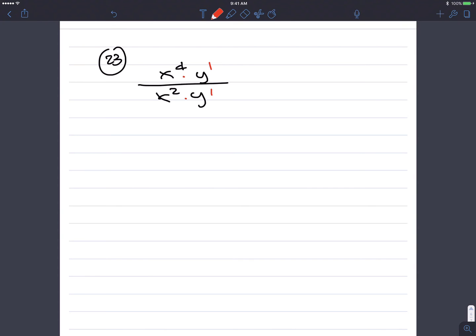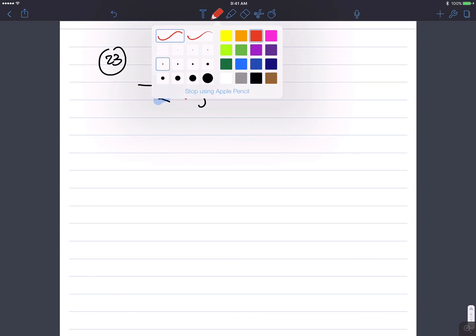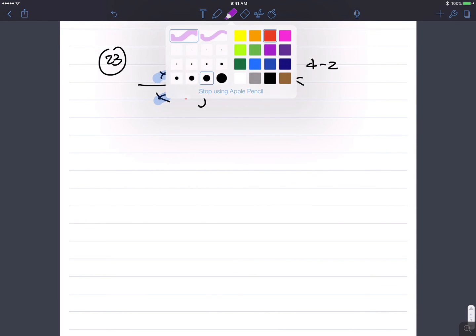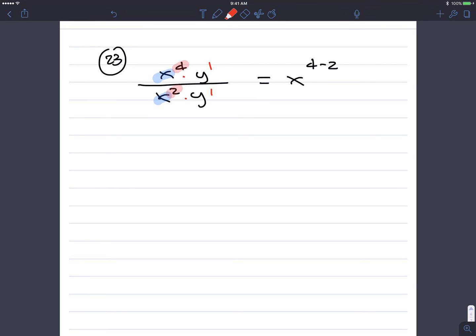So we're going to use our property for dividing exponentials with the same base here. So I have a base x here and a base x here. That's going to give me x to the 4 minus 2, because I'm going to subtract these two powers right here, 4 minus 2.